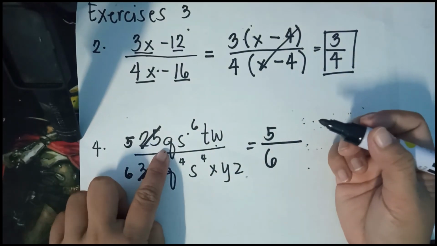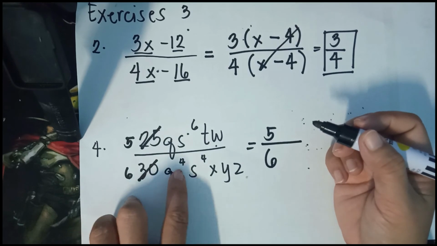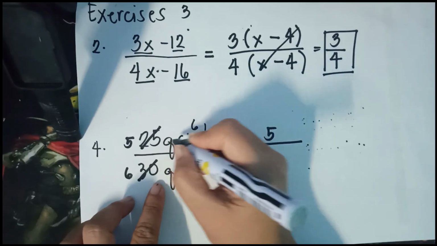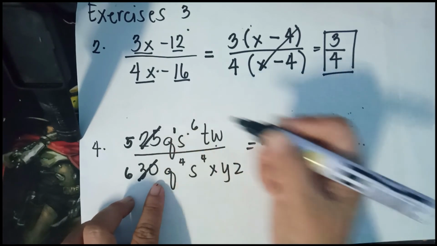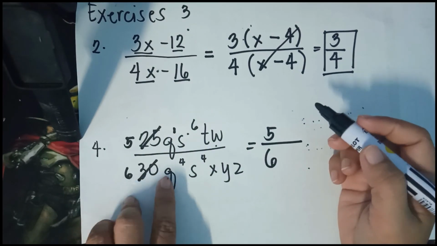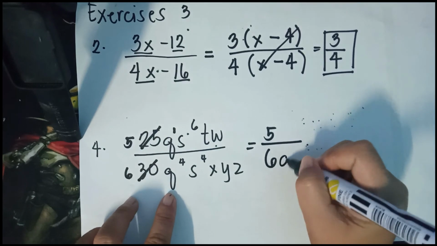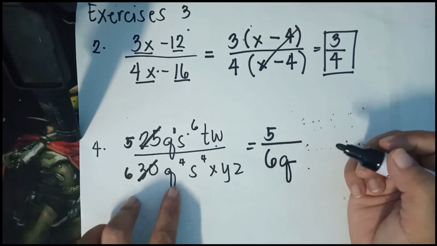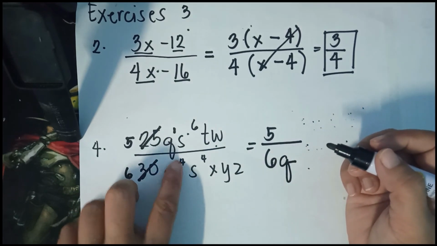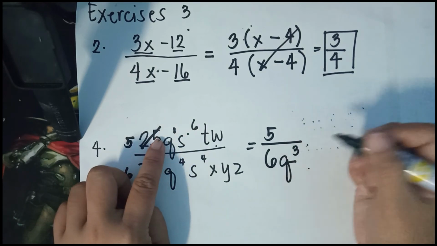Now, q and q raised to 4. The exponent of q is automatically 1. And since q raised to 4 is greater than q raised to 1, then we will copy q on the denominator and subtract the exponents, 4 minus 1, that is 3.